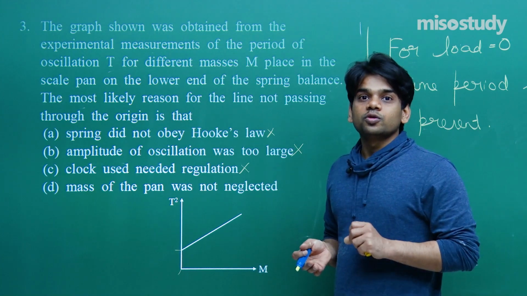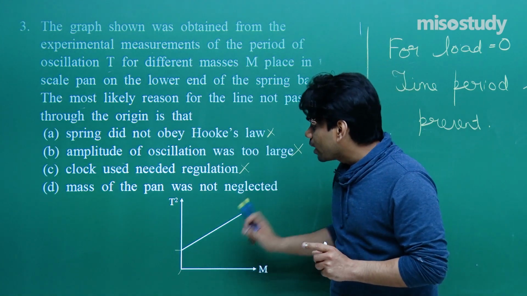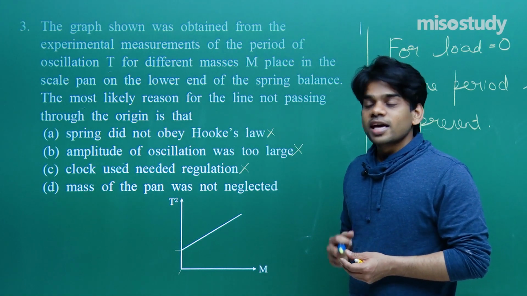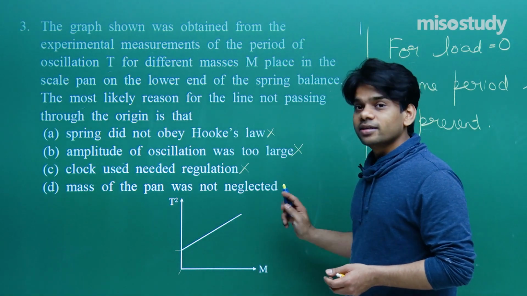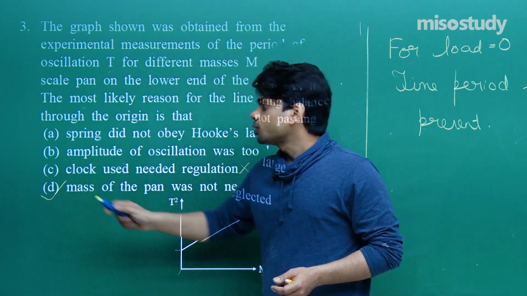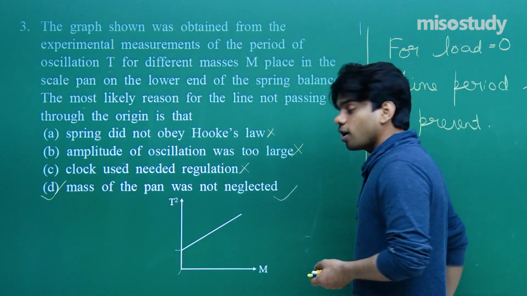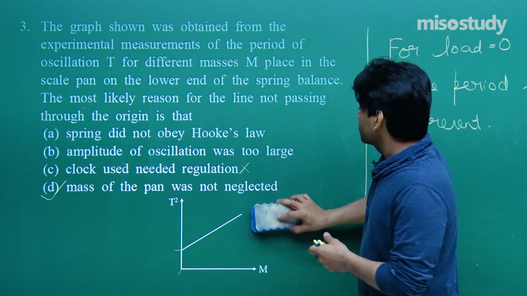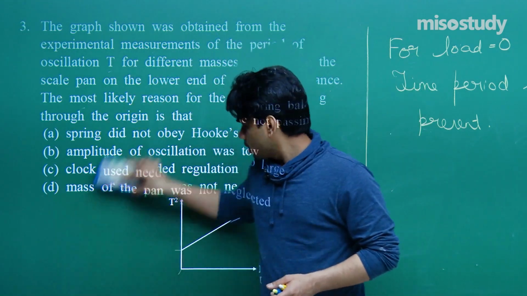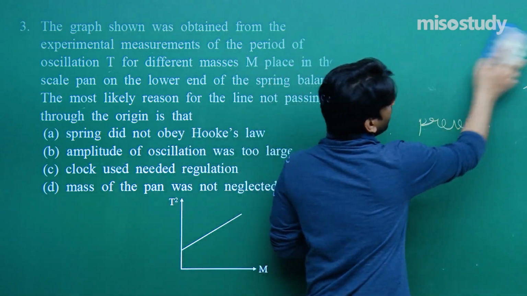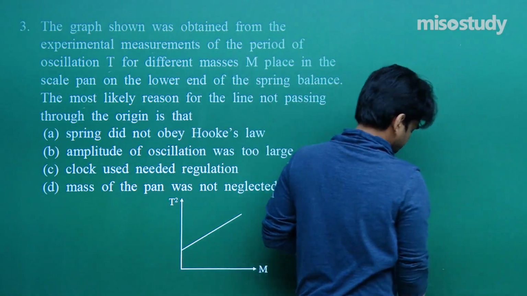That mass was also acting, and due to that only time period was occurring. Hence, mass of the pan was not neglected. This is the right answer, option number D. Theoretical question, but quite good for building up concepts in this topic. So I believe that you have understood what this question was demanding from us.